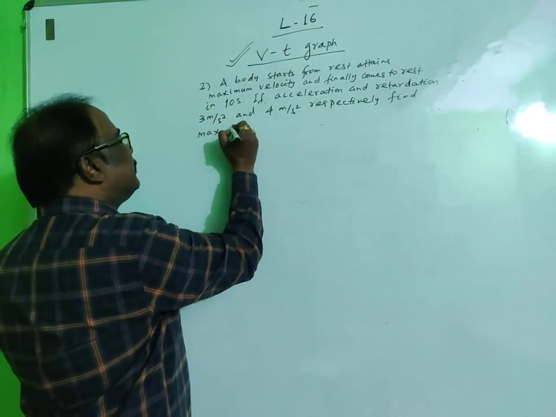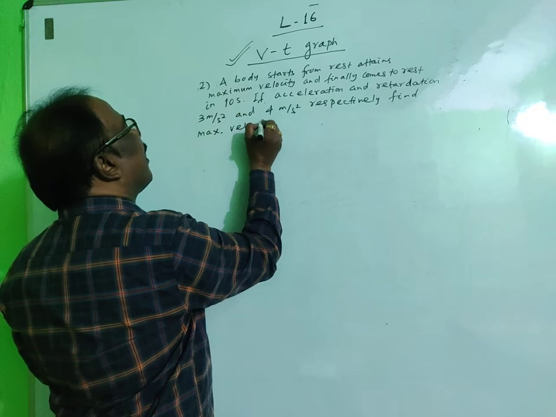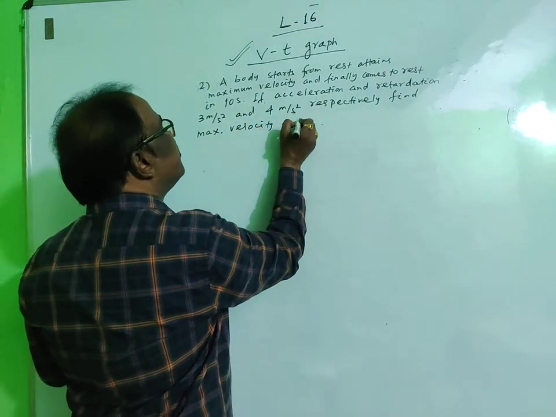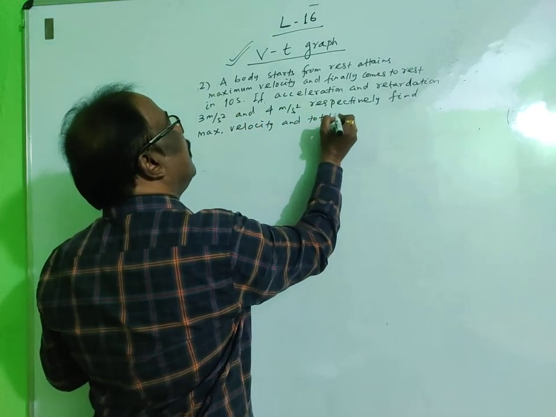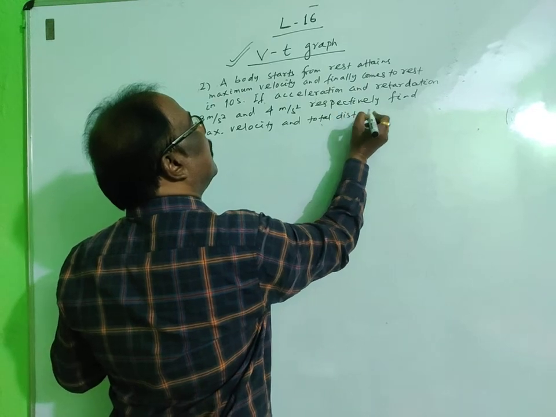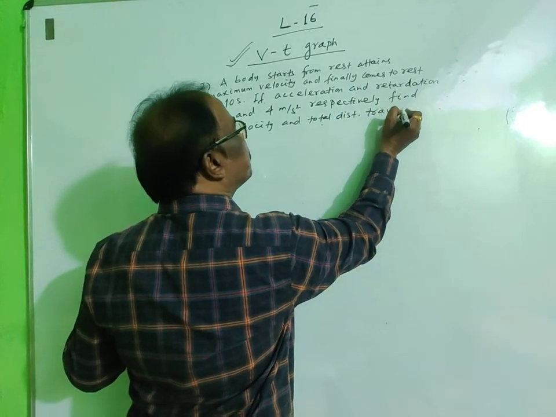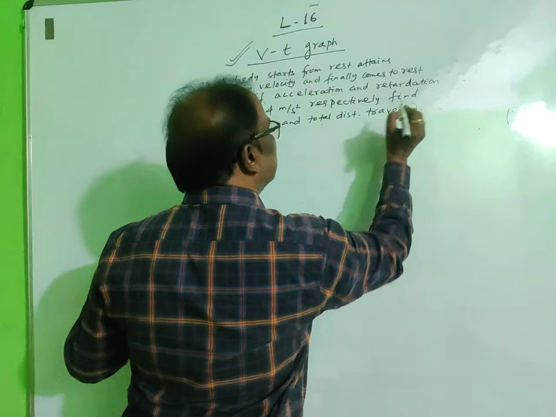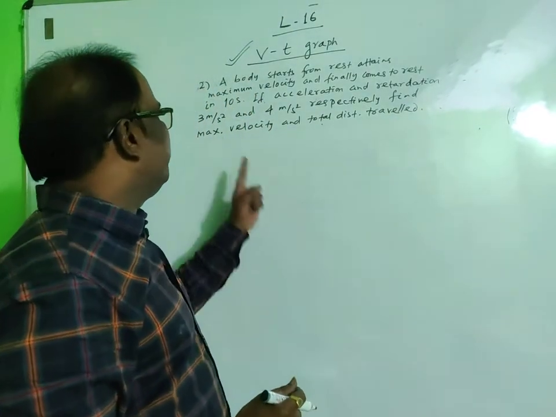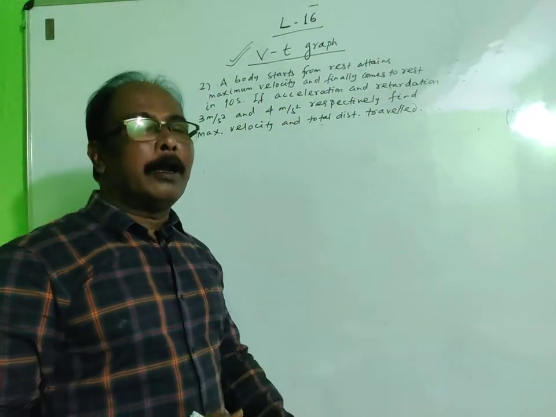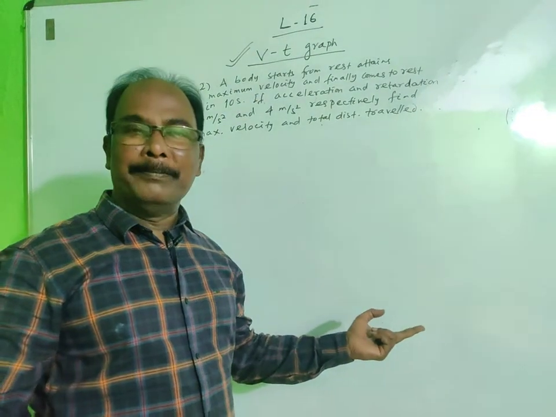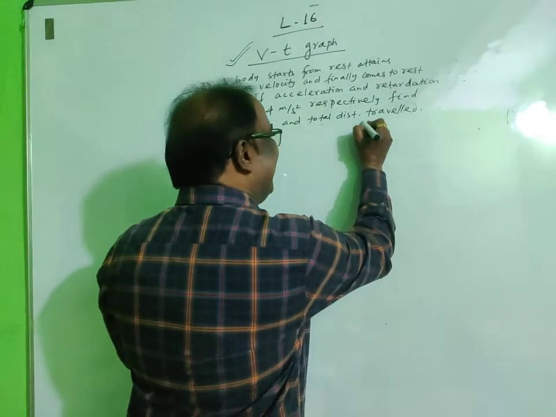Find maximum velocity and total distance traveled. Similar question, but we have to calculate it by using these data, acceleration and retardation, and the graph is the same. Let's use the VT graph.